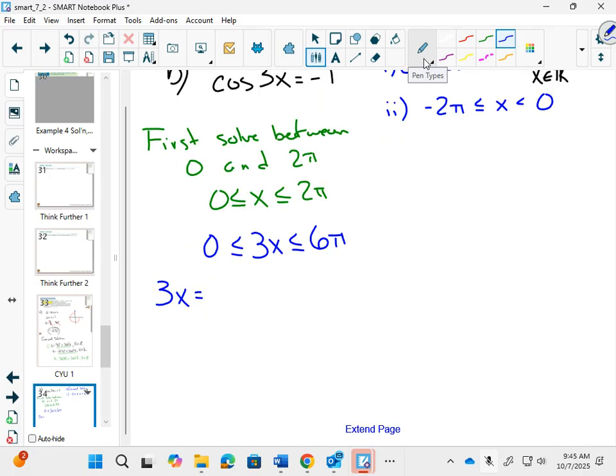Well, minus 1 is on your pi plate. It's your axes family. The first time around, that happens at pi. The second time around would be 3 pi. And the third time around would be 5 pi. So I could solve for x by dividing each of these by 3.